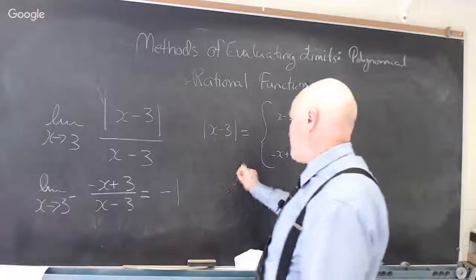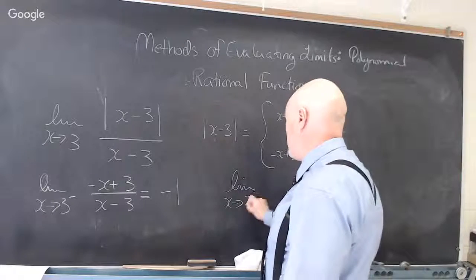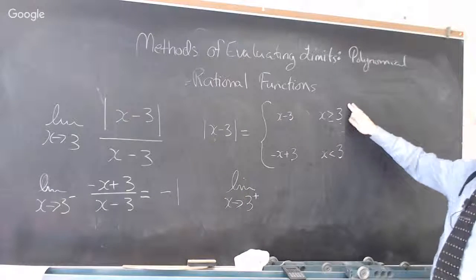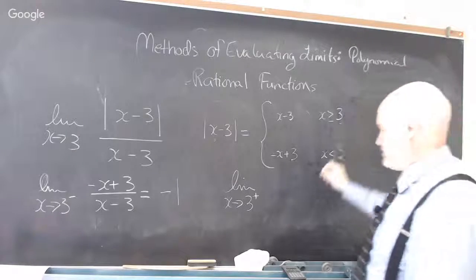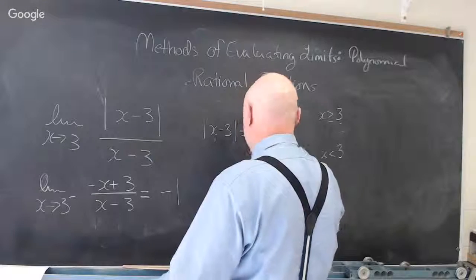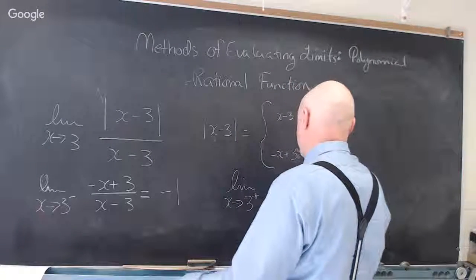Now let's see what happens when we approach 3 from above. In other words, this is the case up here. X is greater than 3. Well, this is just x minus 3 over x minus 3.